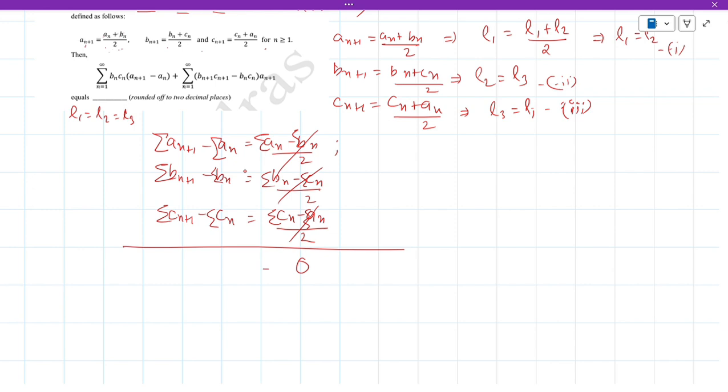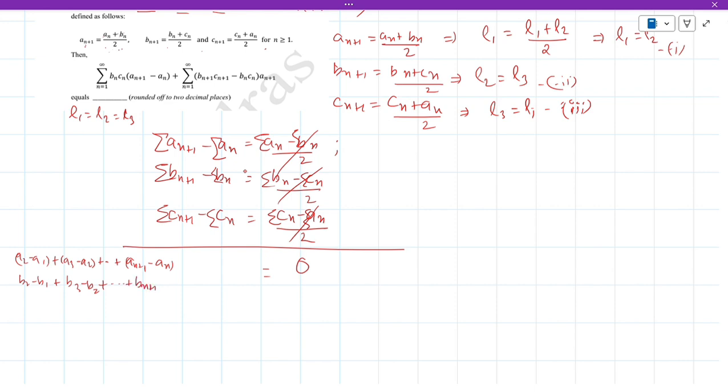Suppose it is really following a2 minus a1 plus a3 minus a2 plus dot dot dot, and limit n tending to infinity of an plus 1 minus an, right? Similarly, you will get b2 minus b1 plus b3 minus b2 plus dot dot dot up to bn plus 1 minus bn, right?